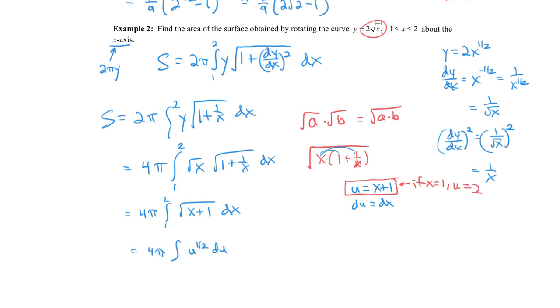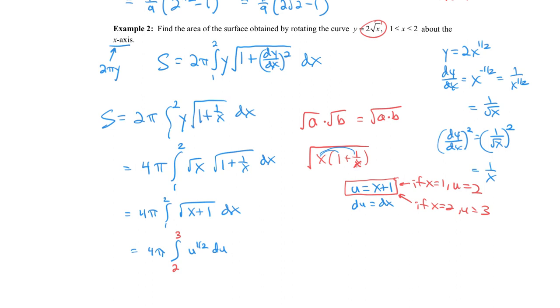Okay, so that's going to be a 2 here. Then also if x equals 2, then u would be 2 plus 1, so u would be 3. So plug a 3 here.